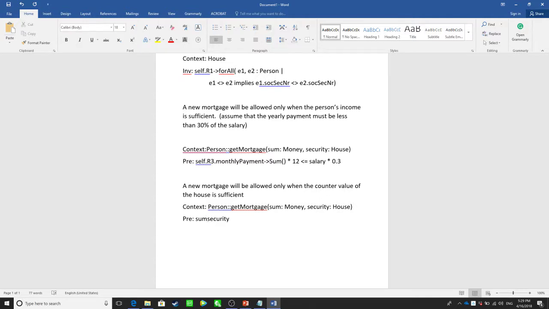So if the house is worth a million dollars, the maximum you can borrow is $1 million, right? You cannot borrow $1,100,000. So sum should be less or equal to security dot value.